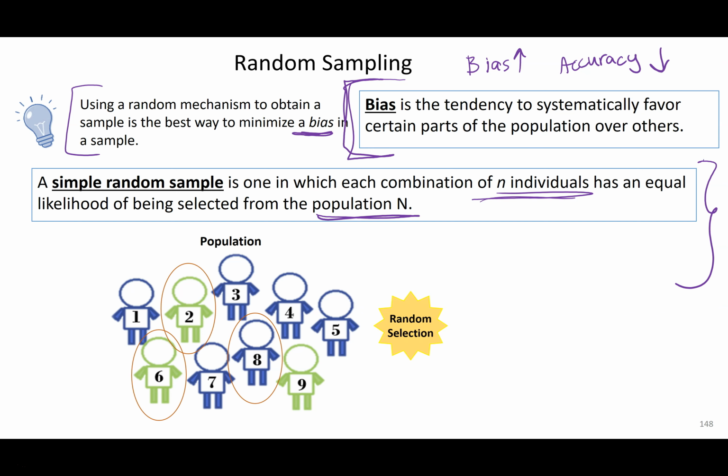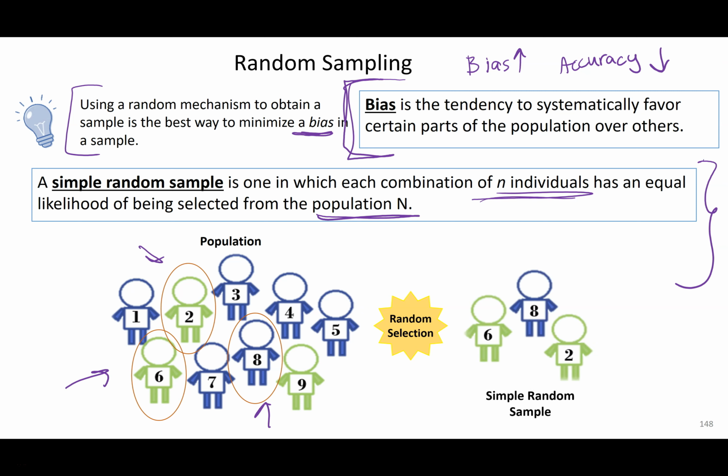So random selection, it looks like individuals 6, 2, and 8 got picked. So they're the ones in my sample. So no other considerations other than I just line them all up. Usually they have some sort of identifier like an ID number. And you randomly select which rows in the data set to pick. And those are the ones you go with.